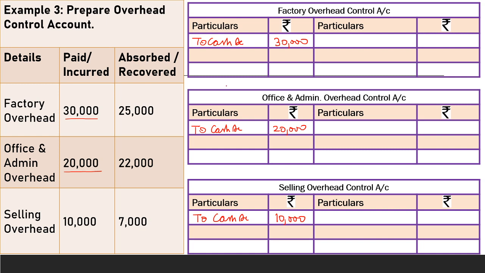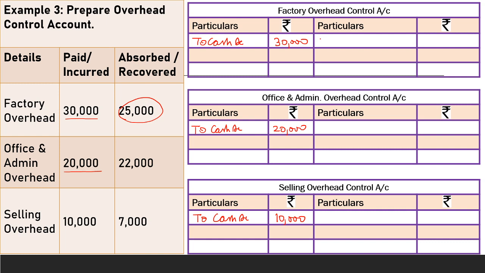Now when we recover these overheads or charge these overheads, they are charged from different departments that we have already discussed in the flow chart. So in case of factory overhead, they are charged with WIP ledger control account. So here we recover only 25,000 of factory overhead out of 30,000. So here our 5,000 is loss, and that is transferred to costing P&L.